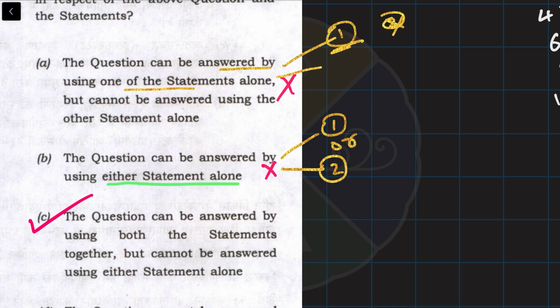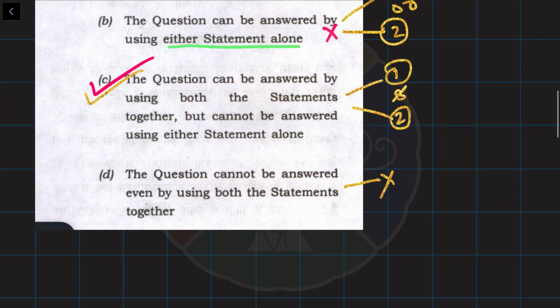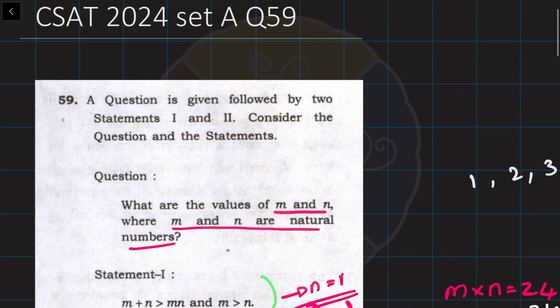Option C says that it needs both 1 and 2 to answer the problem. And of course, the last one says the question cannot be answered. Our answer is option C. Simple problem.